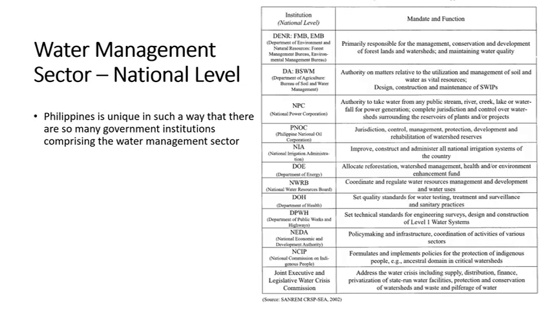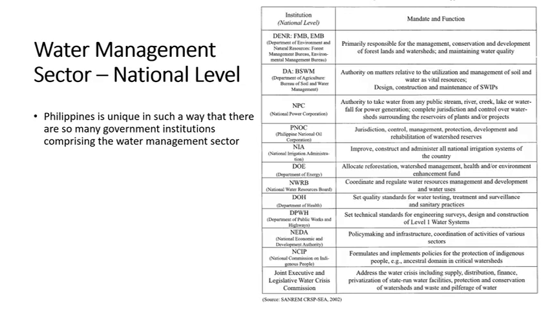And then you also have your National Commission on Indigenous Peoples. So once you have any projects or watersheds that are under the ancestral domain, you have to talk with your IP groups.